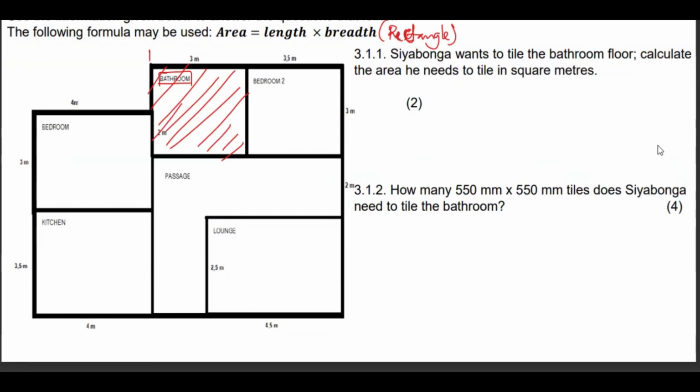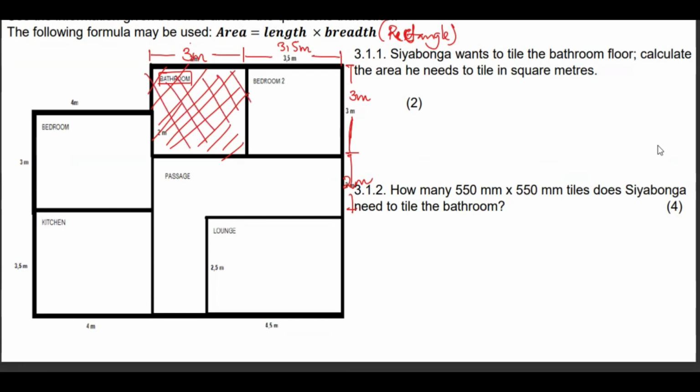So up here, this is 3 meters up to here. Here we have 3,5 meters. Here we have 3 meters. Here these are 2 meters. You see the passage is 2 meters wide. Anyway, we are looking at the bathroom here.